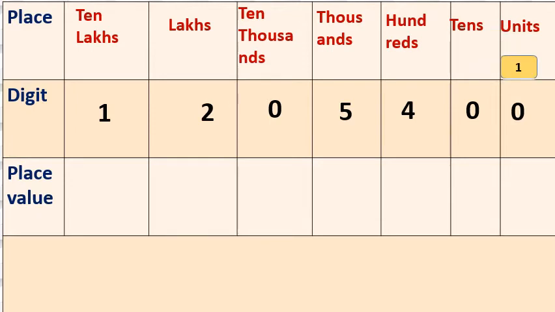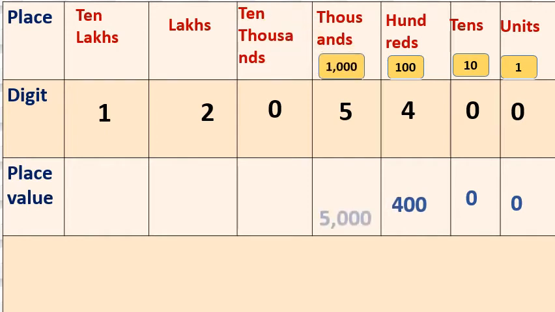In the units place we always multiply by 1. But here it is 0 because 0 into 1 is 0. In the tens place we multiply by 10. Here also it is 0. And in the hundreds place we multiply by 100. So 100 into 4 is 400.